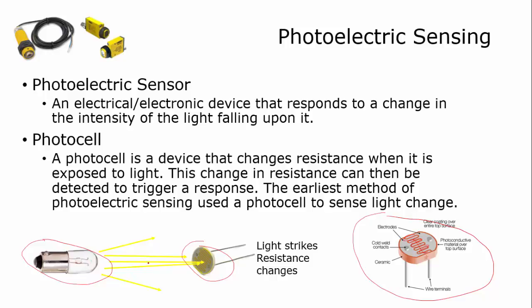And the light would shine onto the photocell. The photocell changes resistance depending on the amount of light that strikes the photocell. You could detect the change in resistance and thereby have the controller perform an action based on that change.